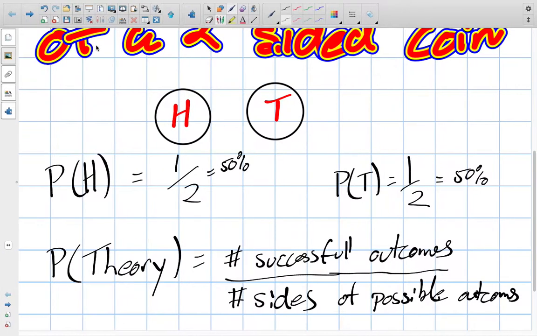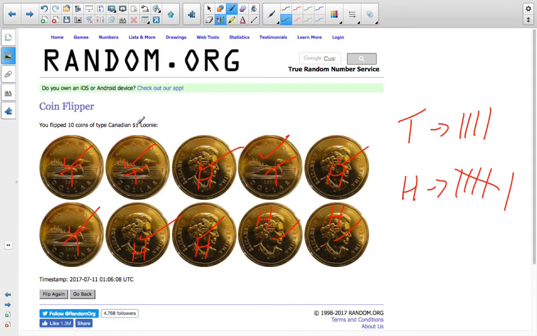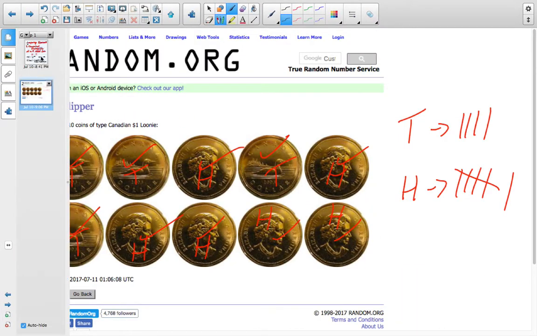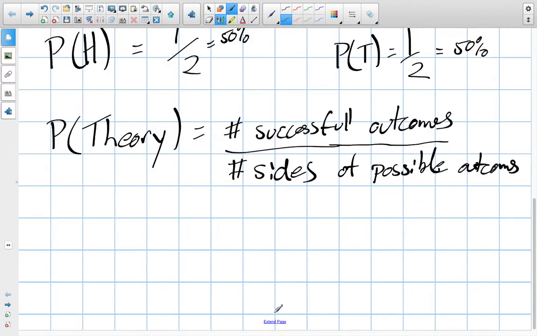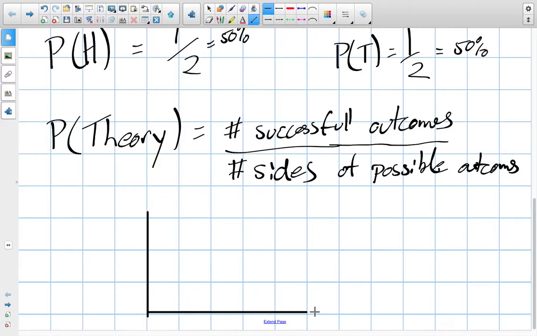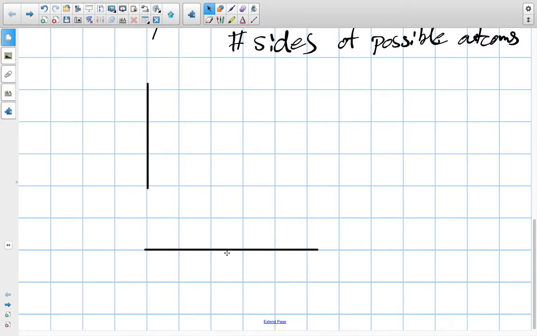I'm going to take a picture of this because it'll be helpful for our notes. Okay, here's our tally of how we did. Let's make a little bar chart and then compare our probabilities. Our options were either getting heads or tails.